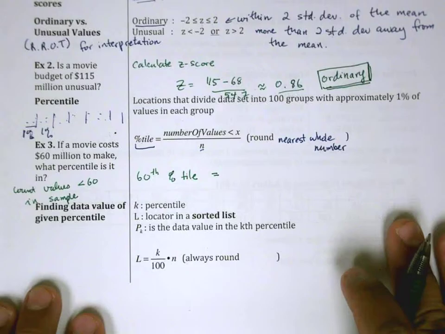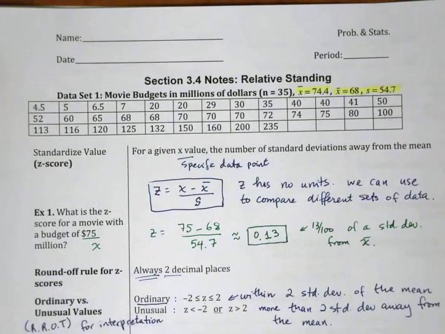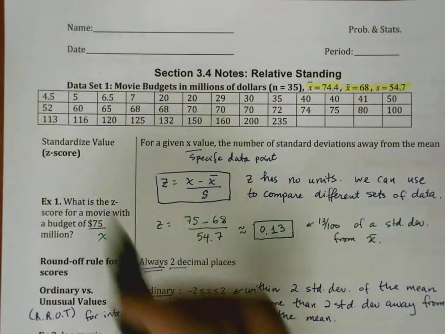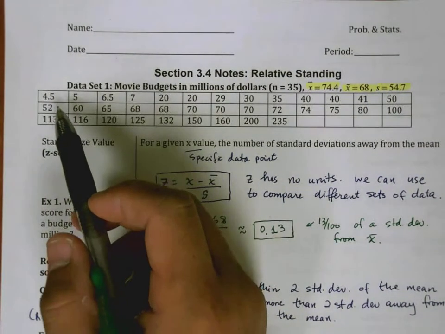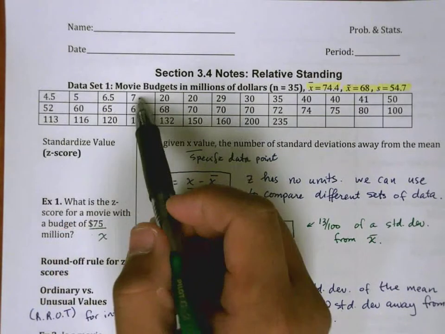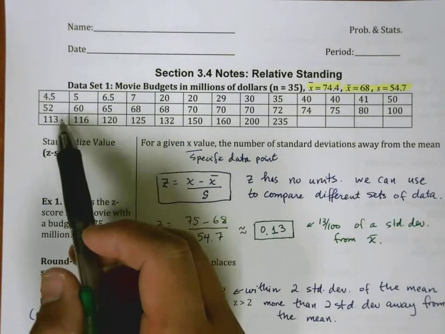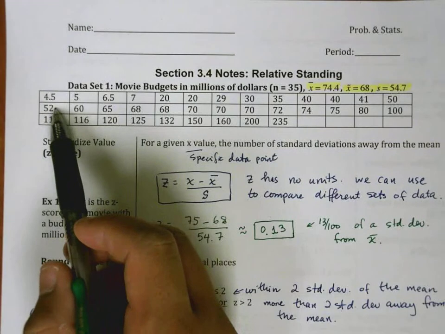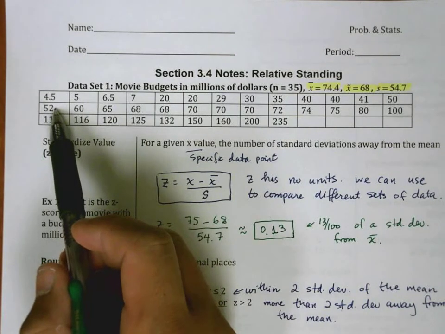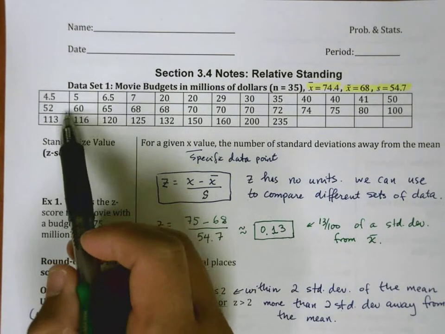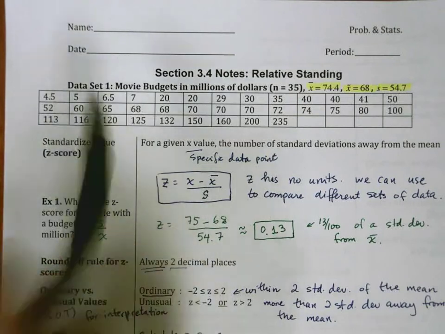Let's look at our original data set and count the values: 1, 2, 3, 4, 5, 6, 7, 8, 9, 10, 11, 12, 13, 14. So there are 14 numbers here that are less than 60. I stopped here because this is 60.